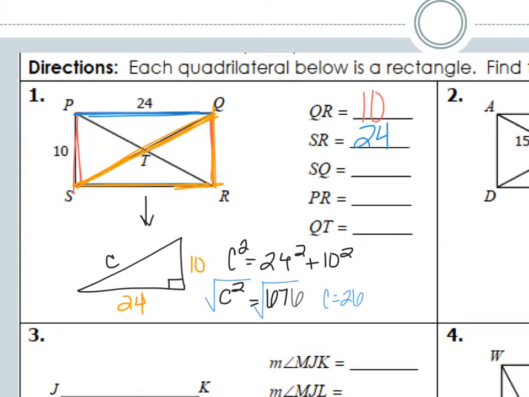So if I zoom back out, that means SQ has to be 26. That also means that PR has to be 26, because by definition of a rectangle, my diagonals are equal to each other. And QT is half the diagonal, so 26 divided by 2 is 13. Okay.